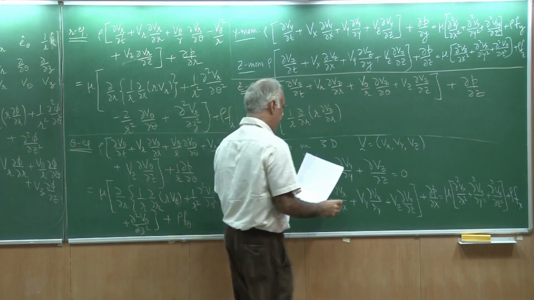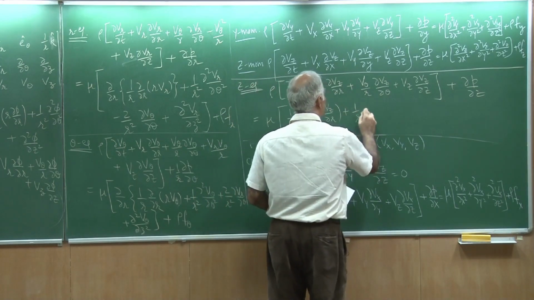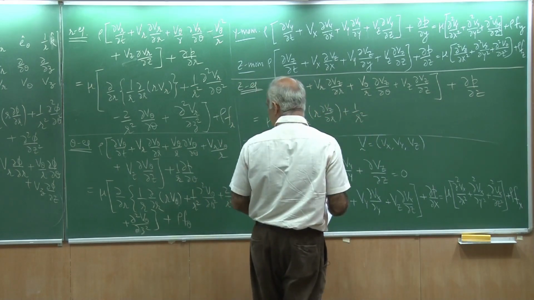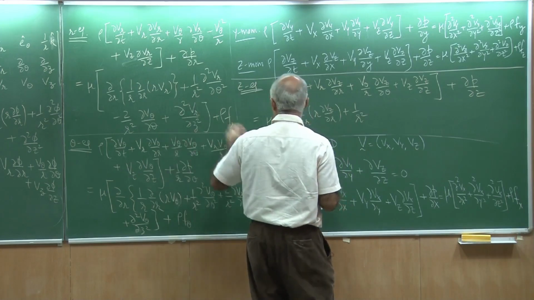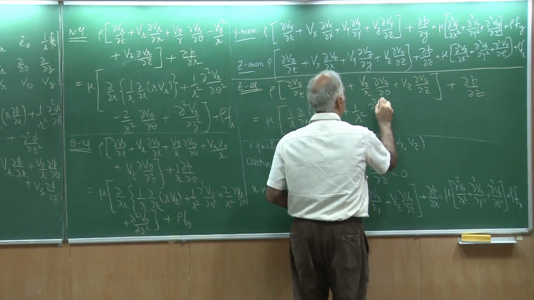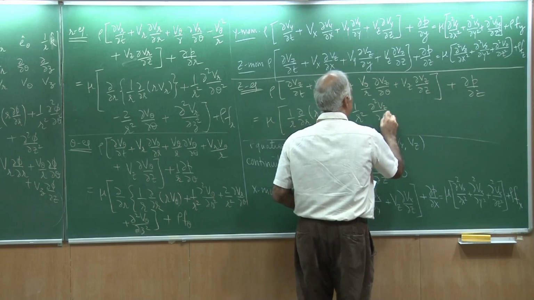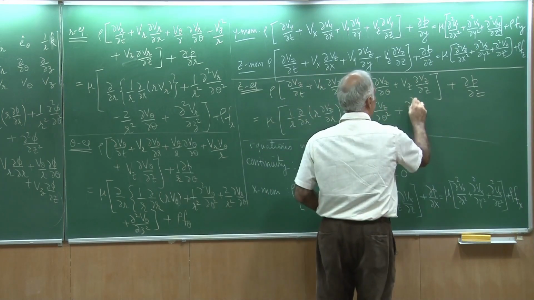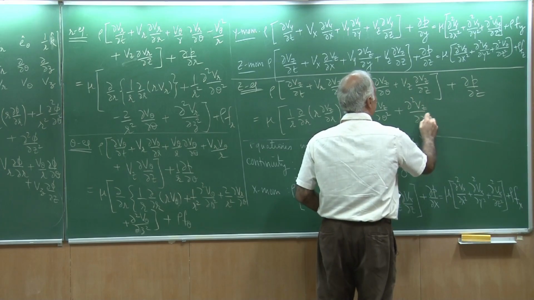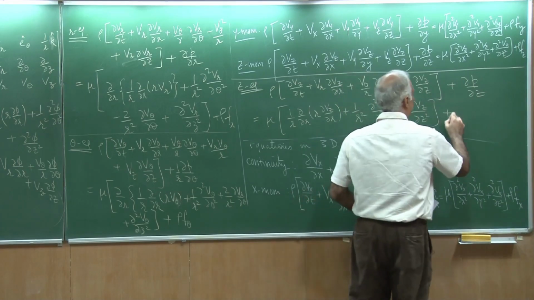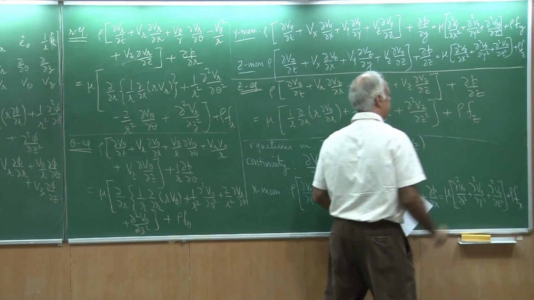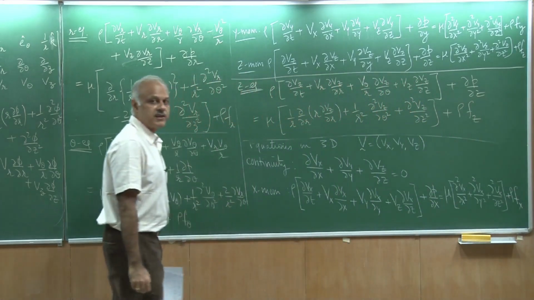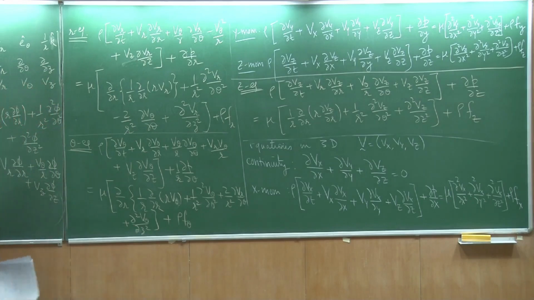And then the 1 over r square, similar to a term like this, del square Vz by del theta square and del square Vz by del z square, plus add to it rho Fz.